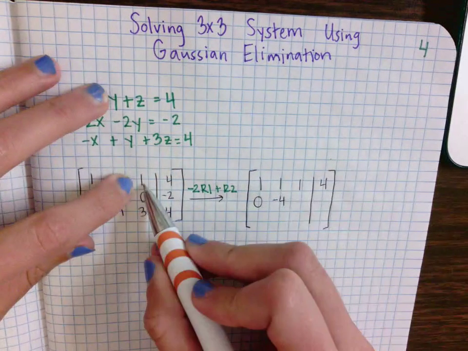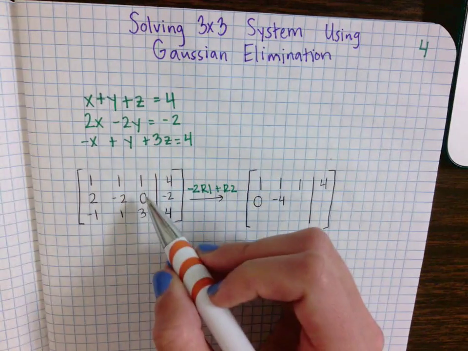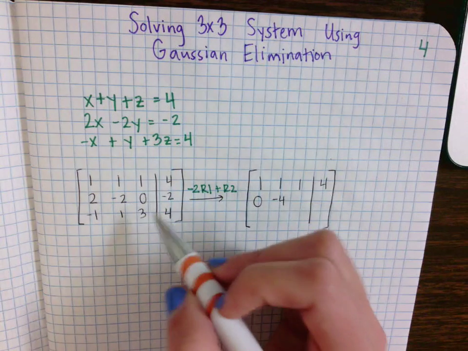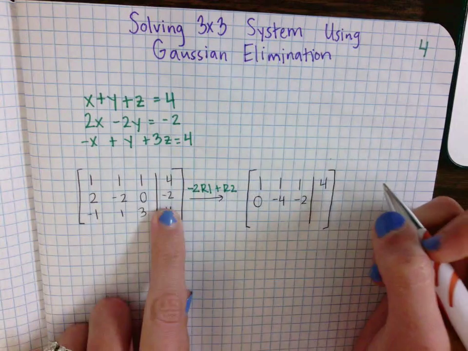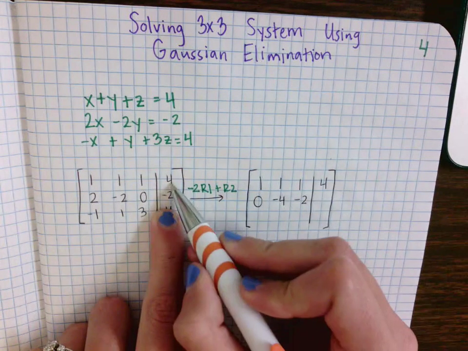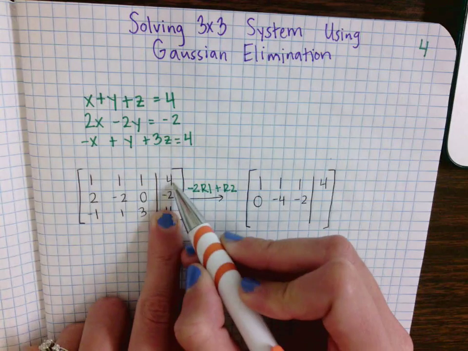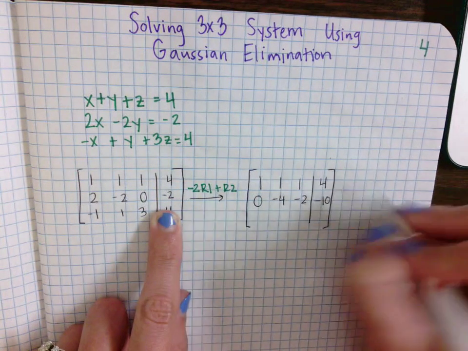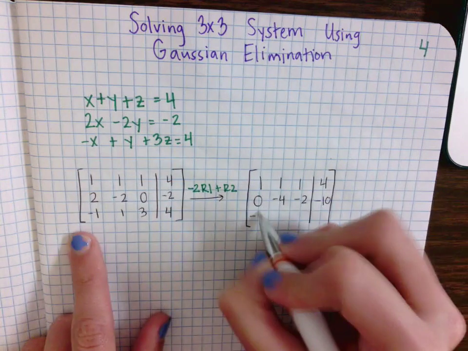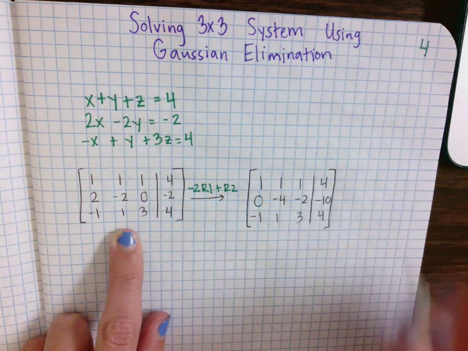Then negative 2 times 1 is negative 2, and you add it to that, which is negative 2. You do the same thing with your answer over here: 4 times negative 2 is negative 8, add it to negative 2, which is negative 10. You didn't do anything with row 3, so it stays just like it is.